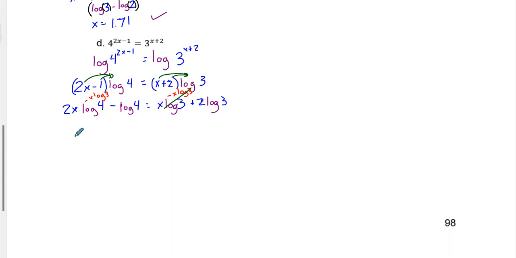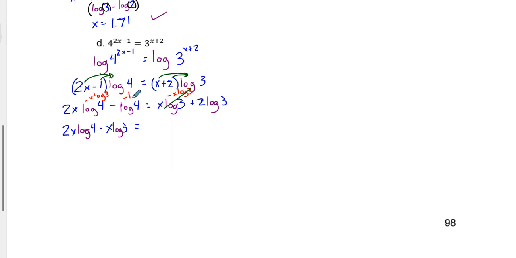So we'd have on the left side a 2x log 4, subtract an x log 3. And it would equal, now we have this 2 log 3, but we're going to have to make sure we subtract.